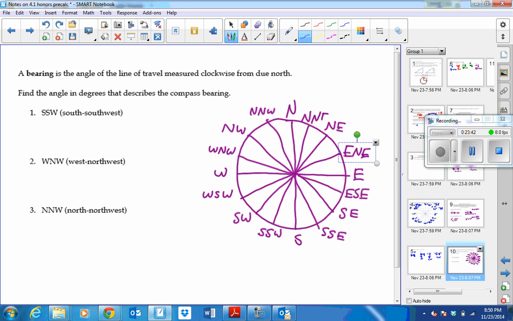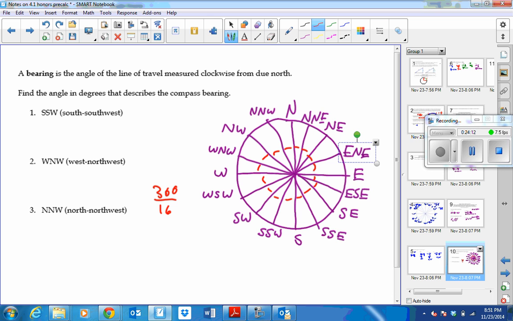So when we think about how many sectors we just divided our circle into, we would have 1, 2, 3, 4, 5, 6, 7, 8, 9, 10, 11, 12, 13, 14, 15, 16. So we just divided 360 degrees up into 16 regions. Each one of those is 22.5 degrees.